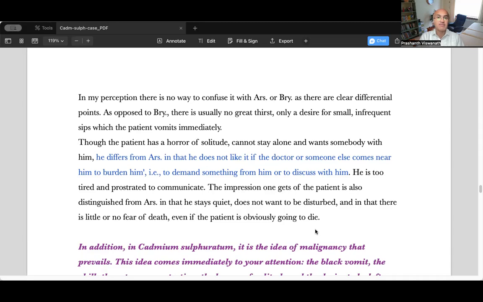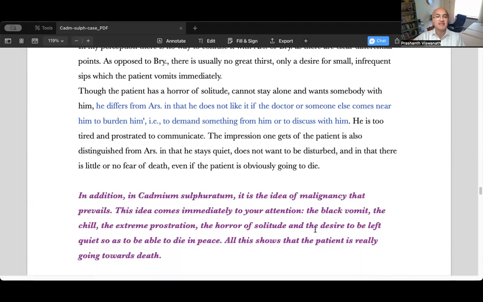At the same time, he wants some company, but he doesn't want to talk to that person like an arsenic person would do. He wants solitude, he wants company, but he doesn't want the companion to say anything because he doesn't have the energy to even talk or entertain that person. So this is a very serious state.